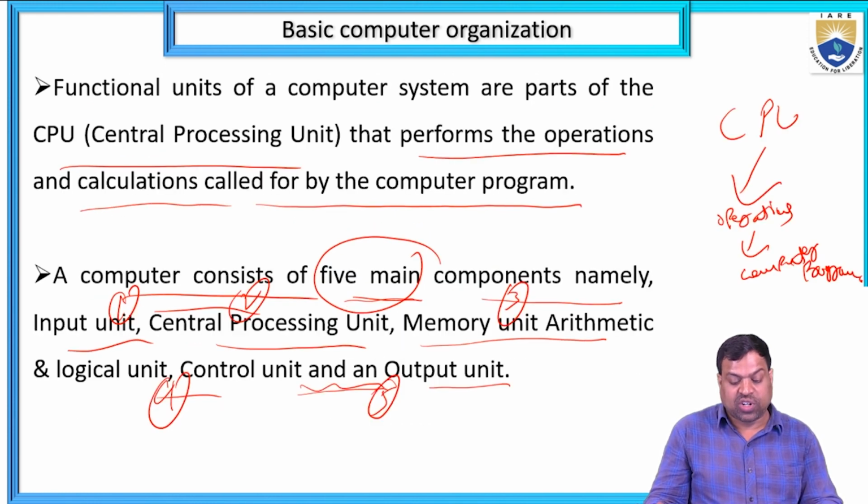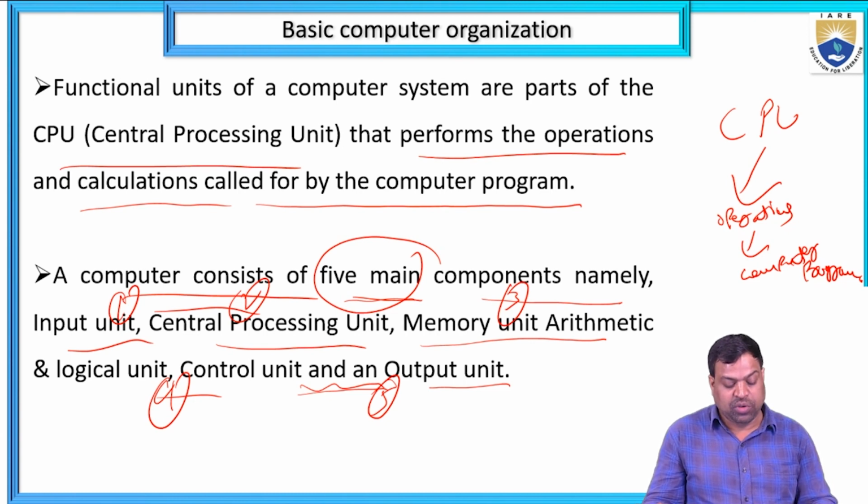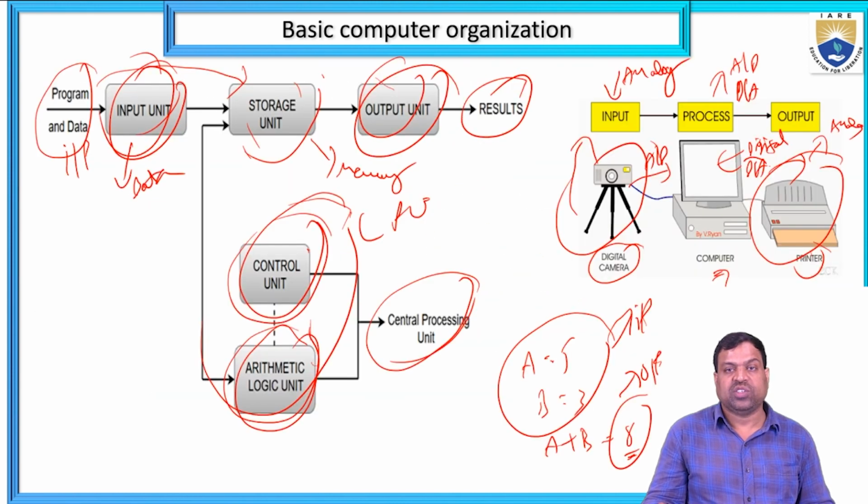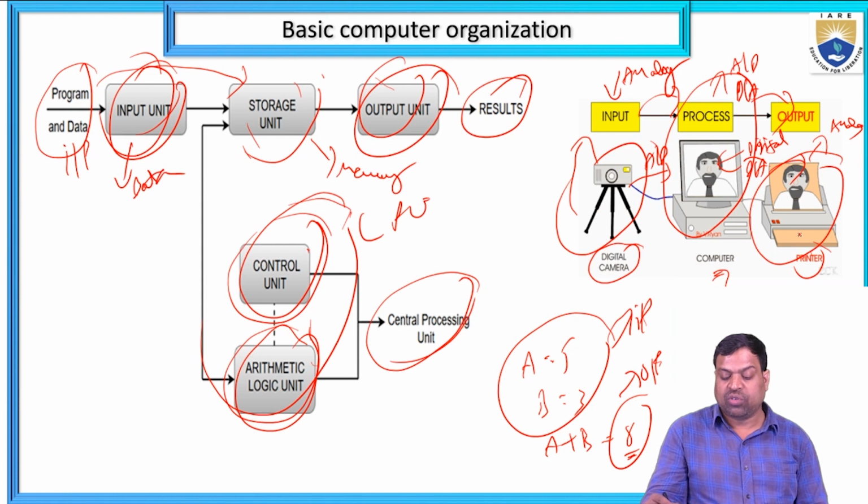And what are the functional units of the computer system? The CPU performs the operations and calculations of the computer program, and it consists of five main components: input, output, CPU, and arithmetic and logical operations. The processor plays a major role in converting from input to output, working as analog to digital and digital to analog.